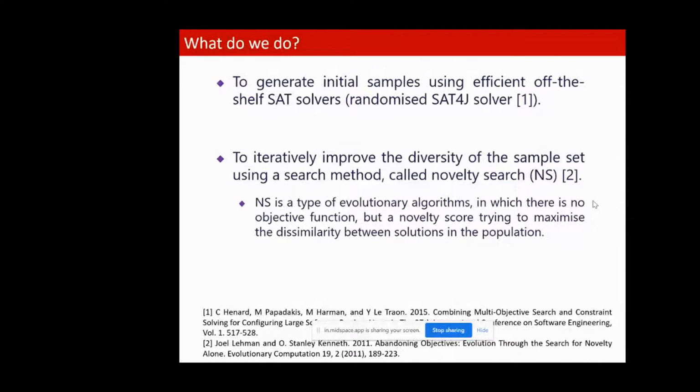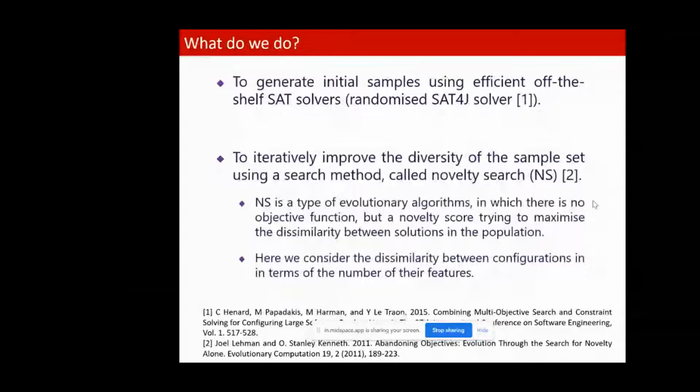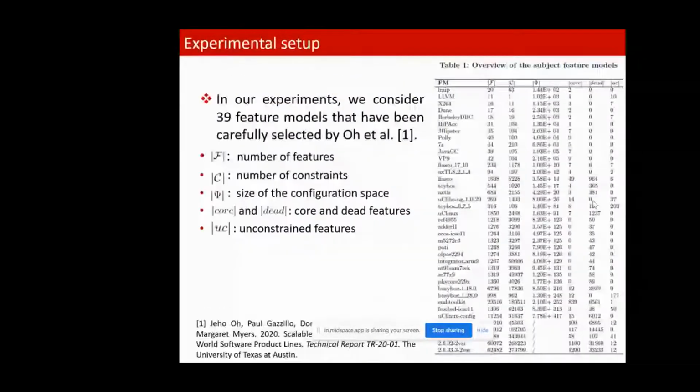Okay. So in our case, we consider dissimilarity between configurations in terms of the numbers of their features. Okay, so I won't go into the technical details. I just show some results.